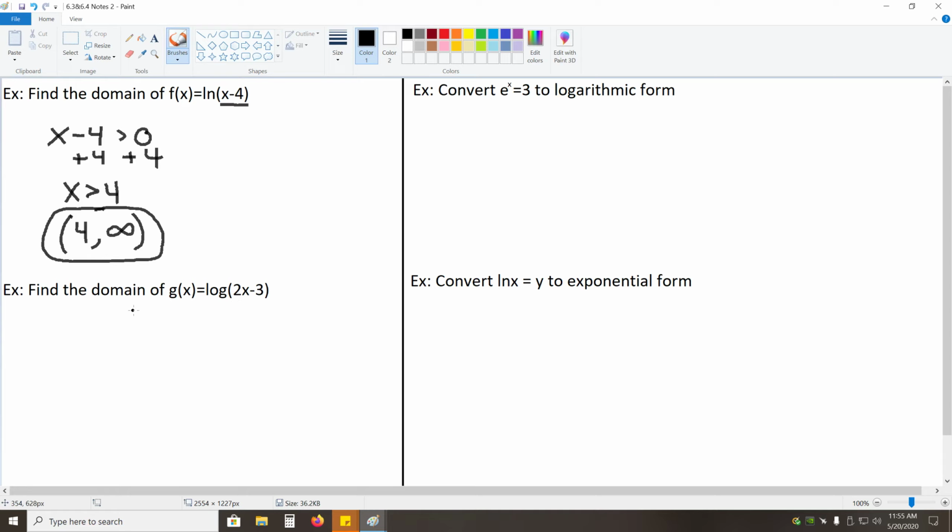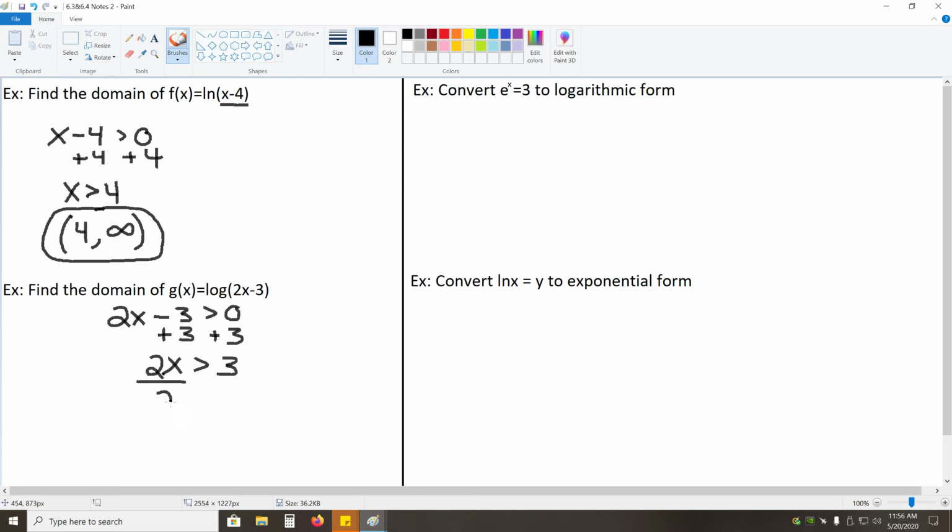Okay, so just like before, we're going to search inside of the log. Immediately we have 2x minus 3, and we know that that has to be greater than 0. So we'll add 3 to each side to get 2x is greater than 3.